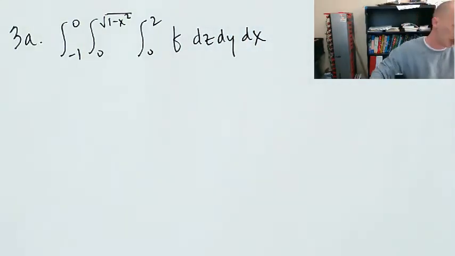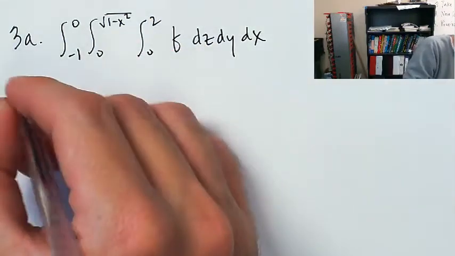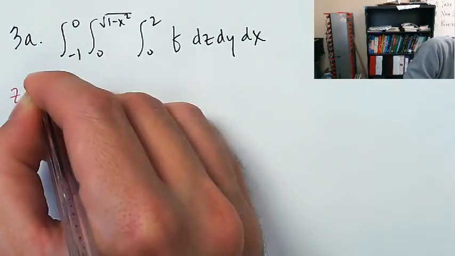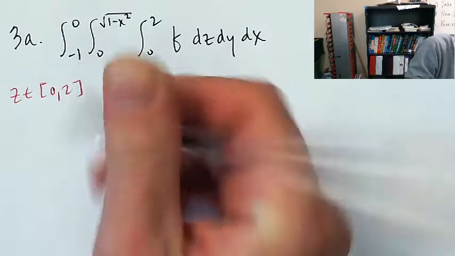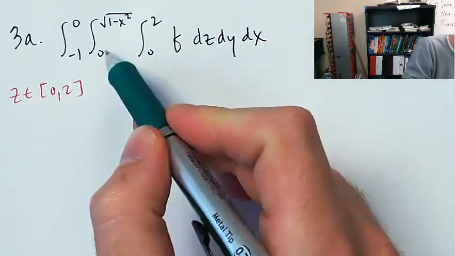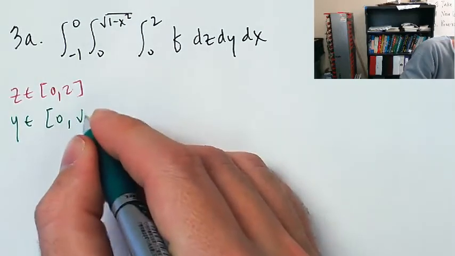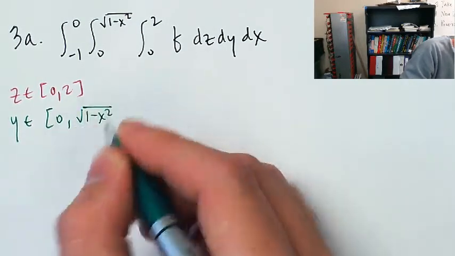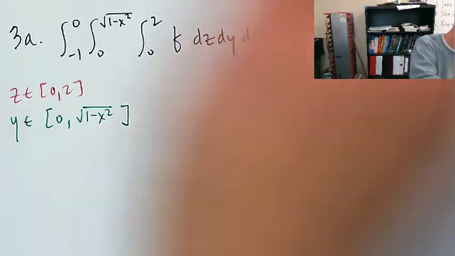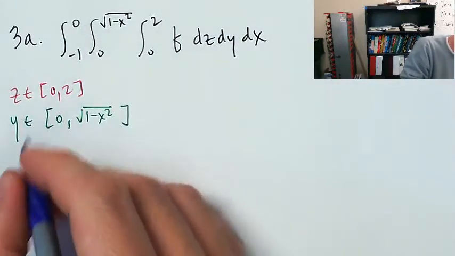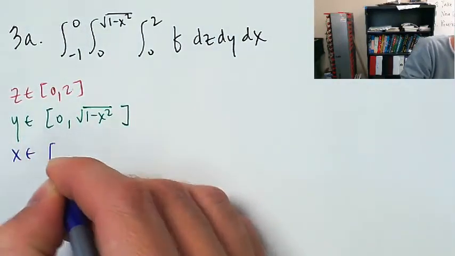What this is saying is that z is between 0 and 2, y is between 0 and the positive square root of 1 minus x squared, and x is between -1 and 0.